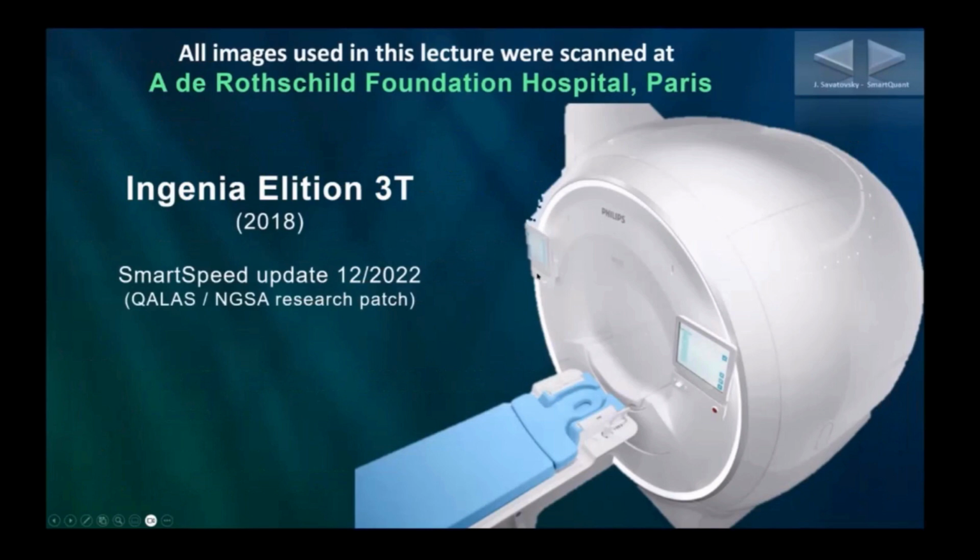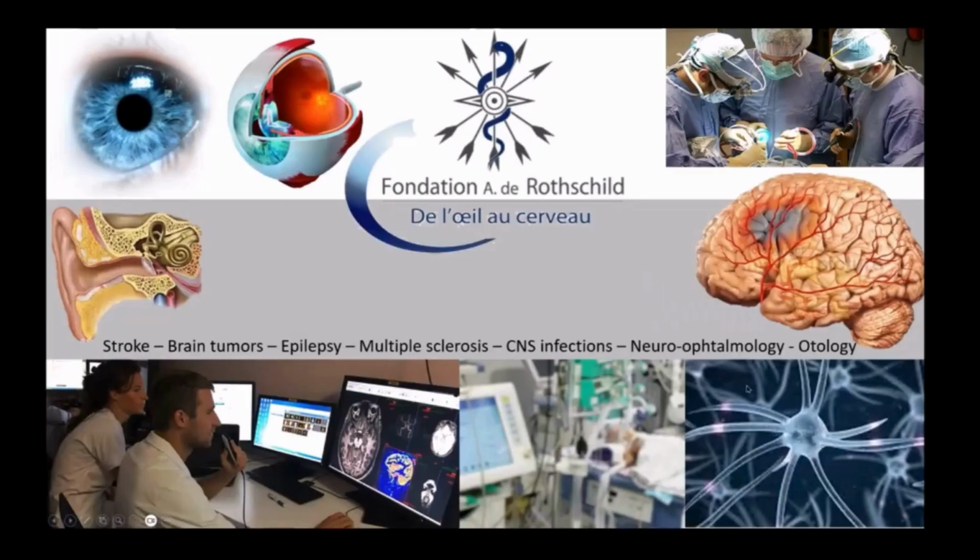All the images that you will see were acquired on an Ingenia Lesion 3T that was installed a few years ago, and that had an update to allow DLR reconstruction with SmartSpeed. We use a patch that I will show you later to combine the SyntheticMR and the deep learning reconstruction. We are a specialty hospital, so you will see mostly images from brain and CNS diseases.